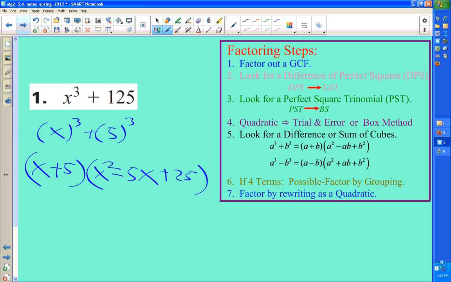So we're using this pattern right here, a cubed plus b cubed. x is the first thing, 5 is the second thing. x plus 5, first thing squared, first times second, second thing squared.